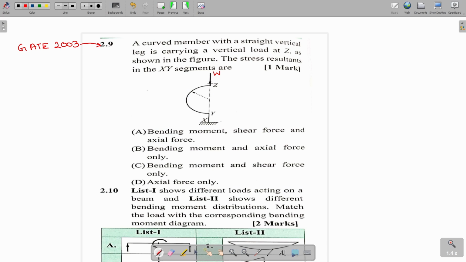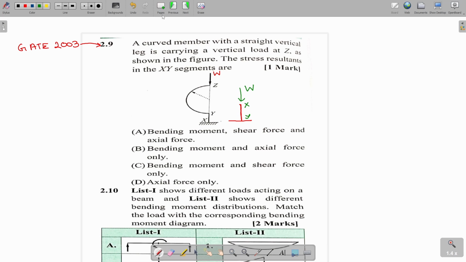The W load which is acting at point Z has its line of action passing through the longitudinal axis of the segment XY, that is, eccentricity is 0, such that if we omit this curved section, the load which is acting is like this. This is the load W, this is section X, and this is section Y. The curved portion has no effect in the XY segment.